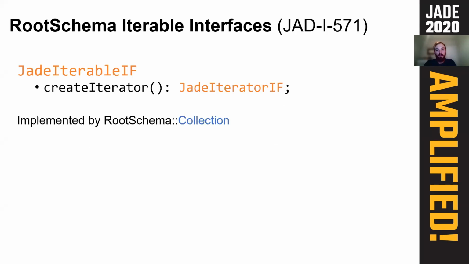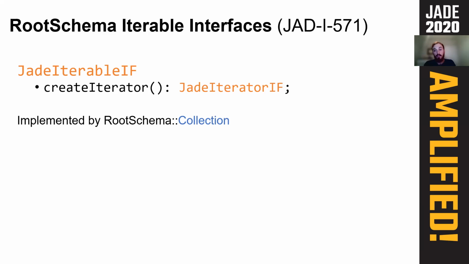So the first interface we've added is the JADE Iterable interface, and this basically provides a contract for an implementing class to be iterable. So any class that implements this interface can be used as an iterable expression in a foreach statement. It's basically an abstraction of the current root schema collection class, but it allows for non-collection classes to be iterable.